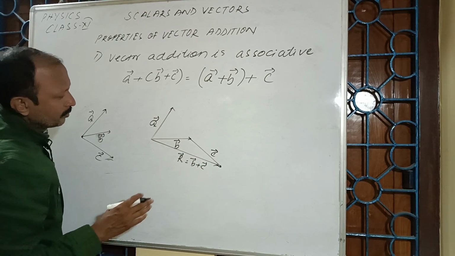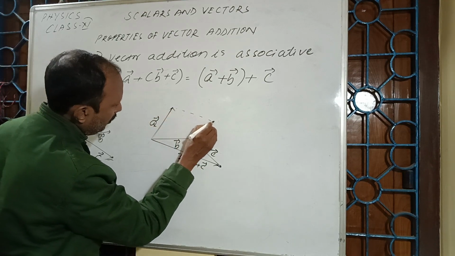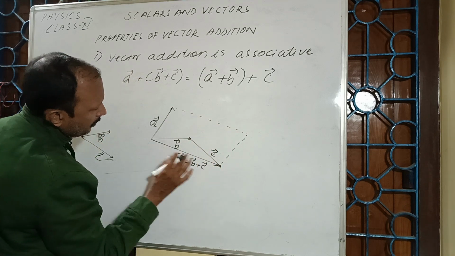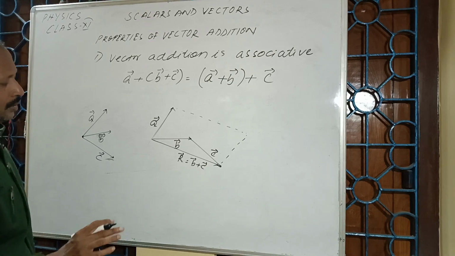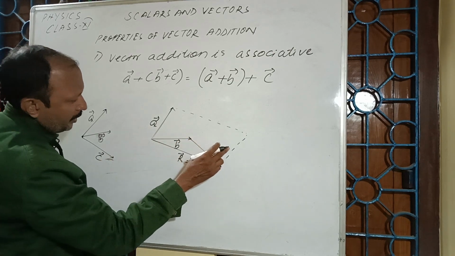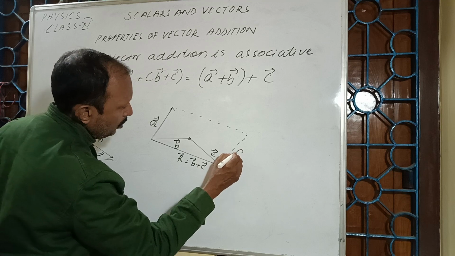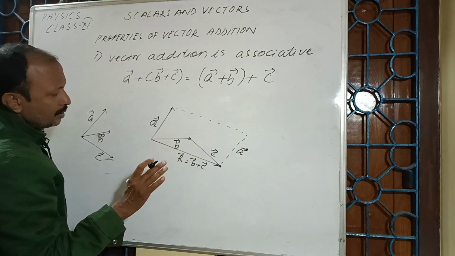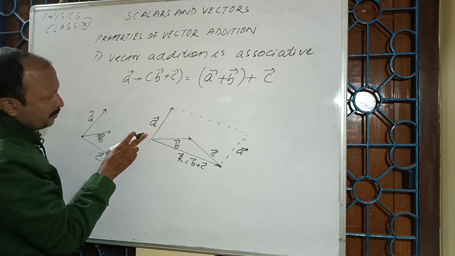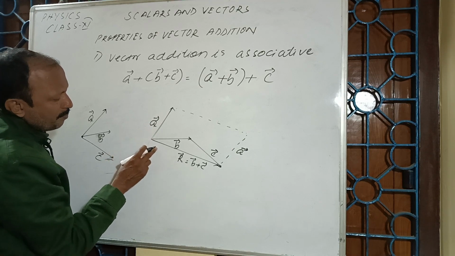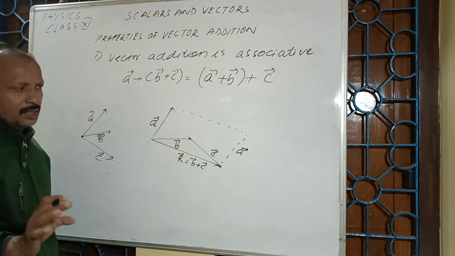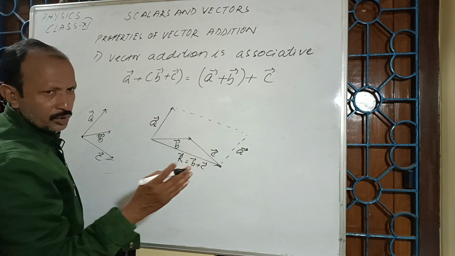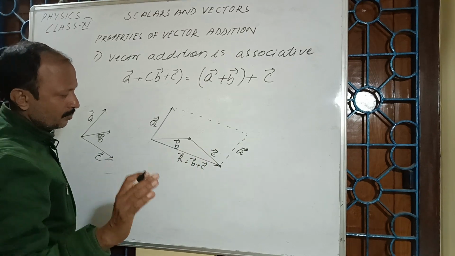This one is representing the two adjacent sides of a parallelogram. This is A. So I can say this is also A. I am shifting it parallel. So now this is the first vector A. With A I am adding B plus C. I am following the parallelogram method of addition.